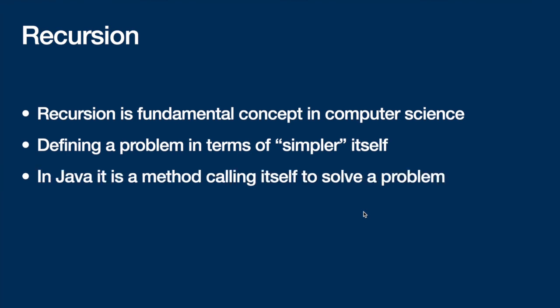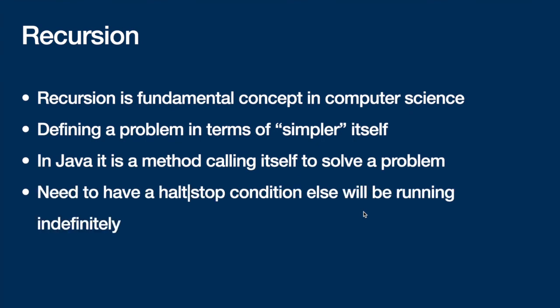Okay, so usually when we define the method, we use the method name or definition within that method to call itself. So that implements recursion, and there is a need to be careful when implementing recursions, that it has to have a condition to halt the recursion or stop the recursion.